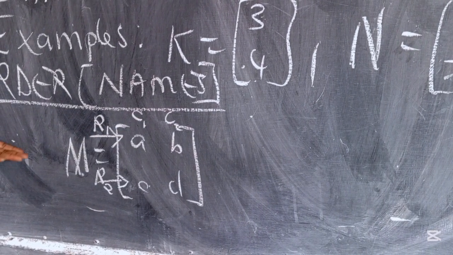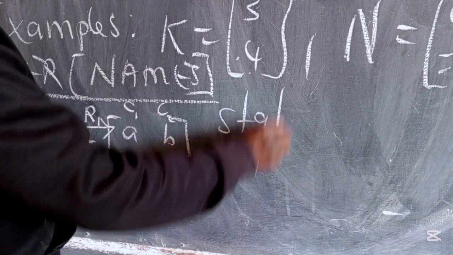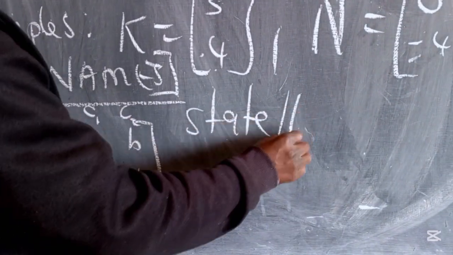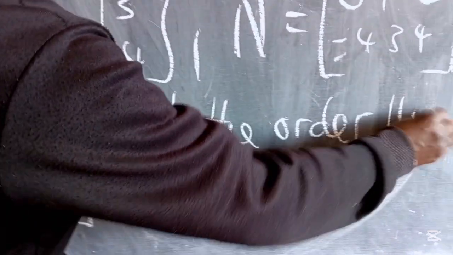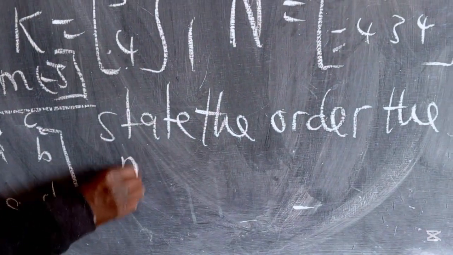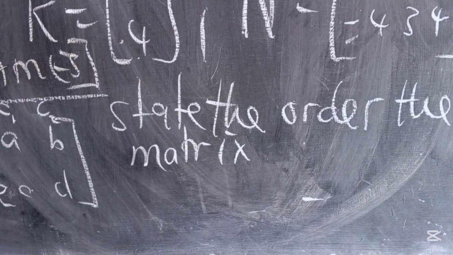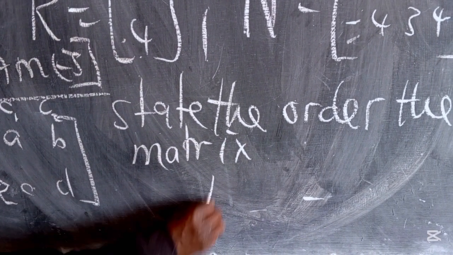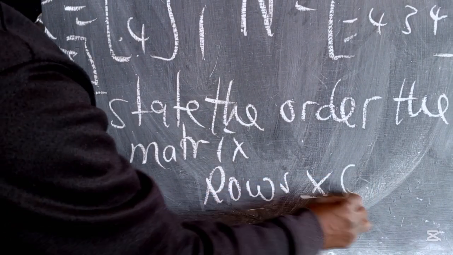So if they ask me to state the order of the matrix, how do we state it? We start with rows, rows by columns.